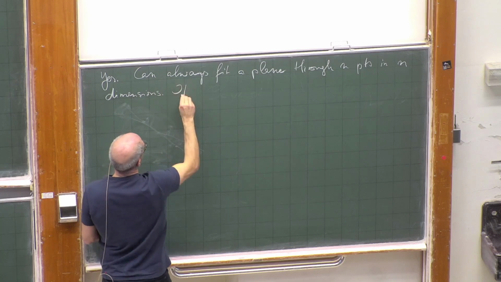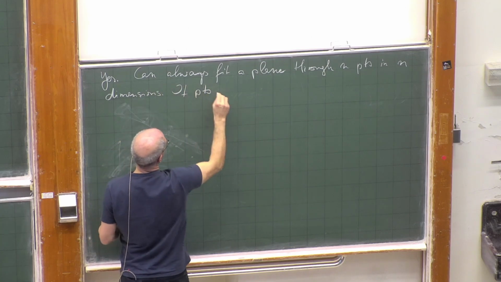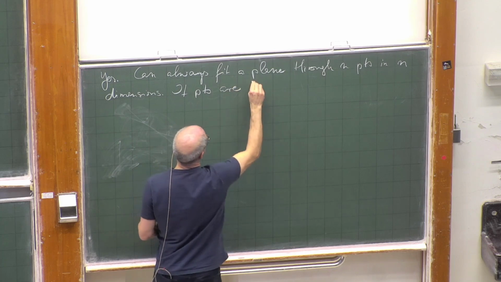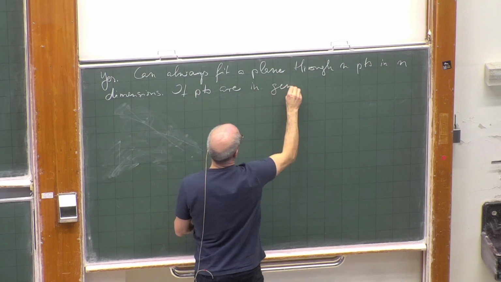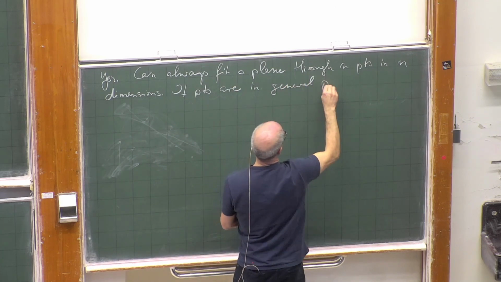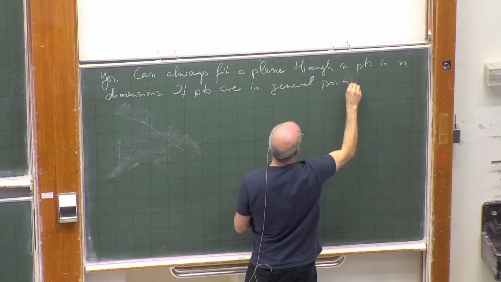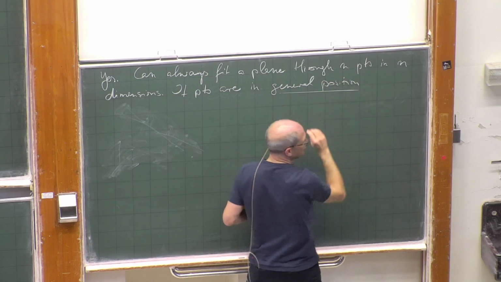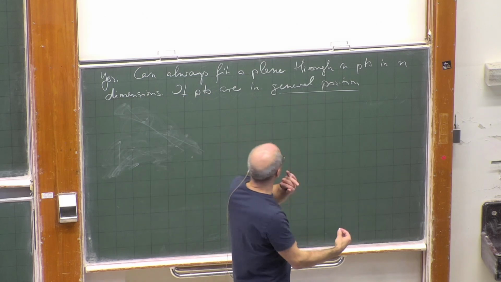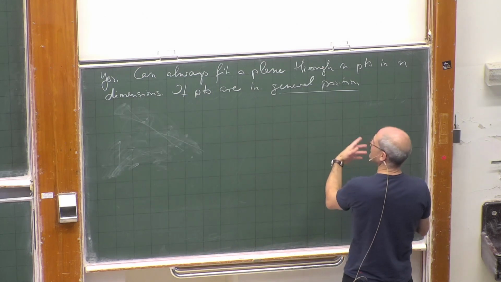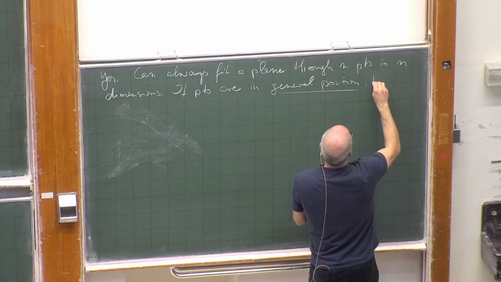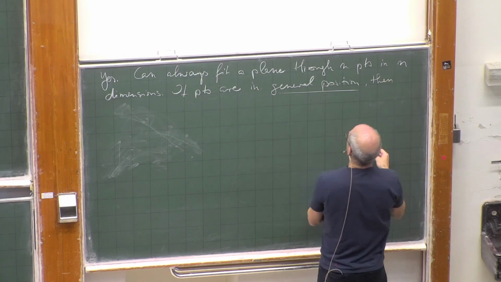And if these points are in general position, so technical term, general position, they must not lie on a subspace, or no subset of them must lie on a subspace.